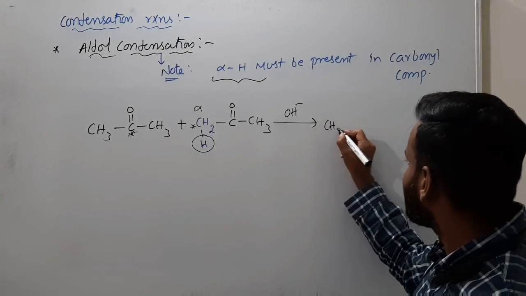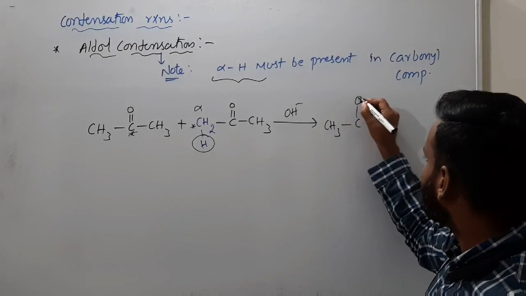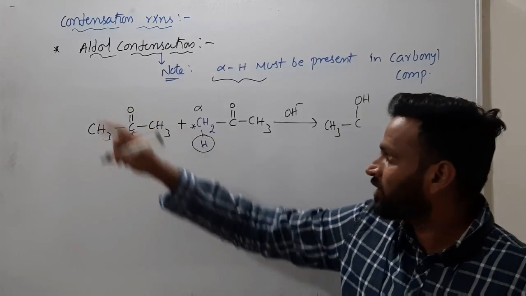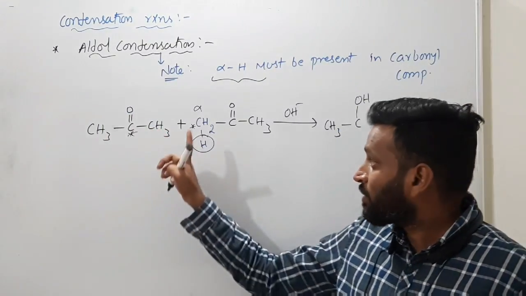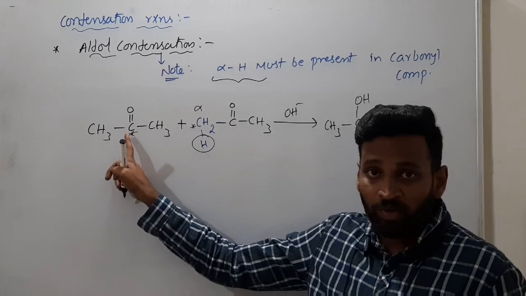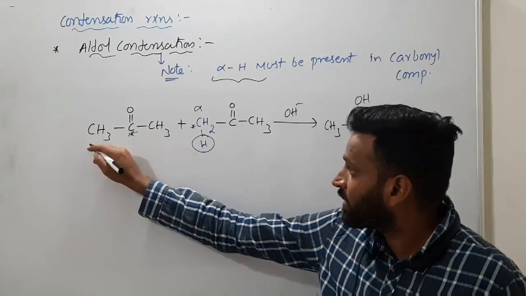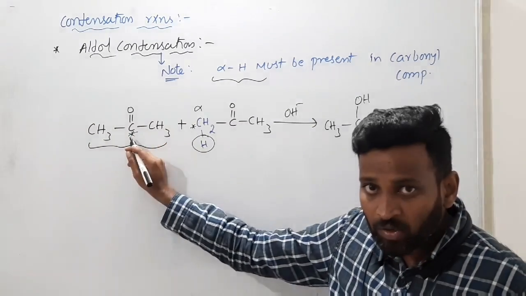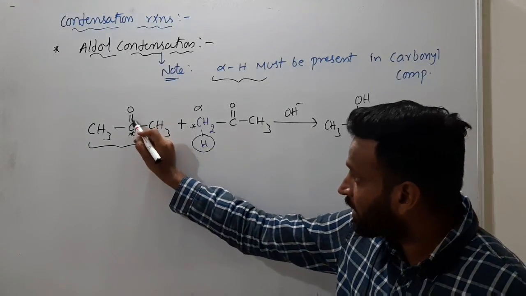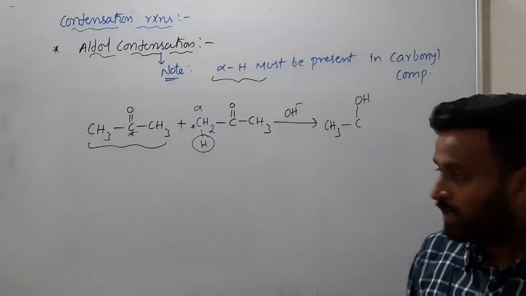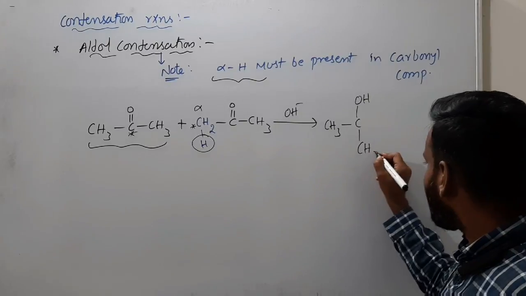So what happens, CH3 and C, it will be OH. From this ketone you are not removing a proton, so that carbonyl group will become OH. As it is, this methyl I am writing down.